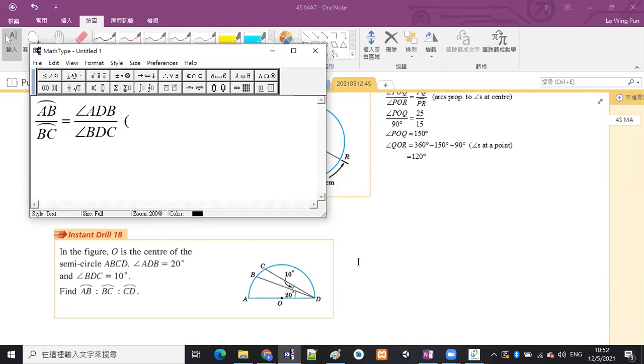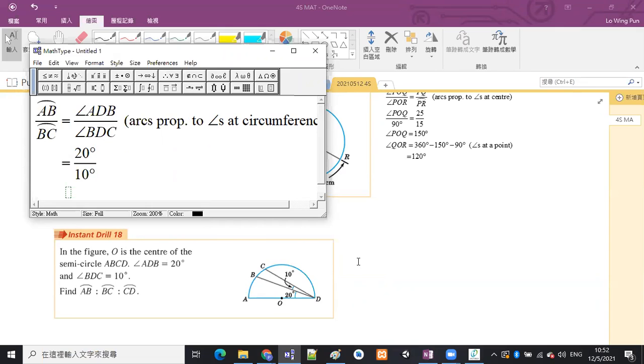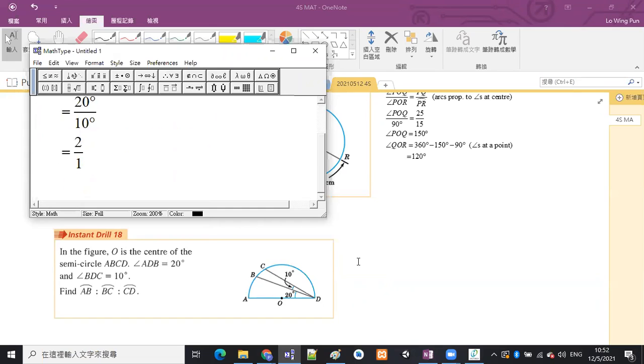Okay, and this is arcs proportional to angles at circumference. Okay, so the ratio is equal to 20 degrees to 10 degrees, which is 2/1.